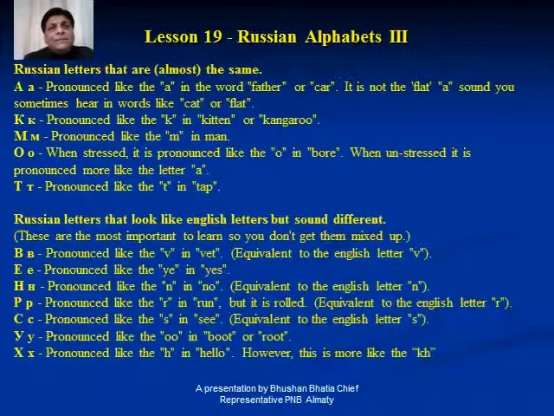First is V. It looks like capital B, even in writing, but it is pronounced as V. In Russian it is pronounced as V, like wet, valve, vault. So it is like English capital B, but it is pronounced as V.